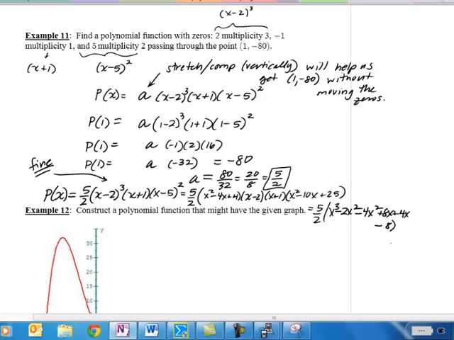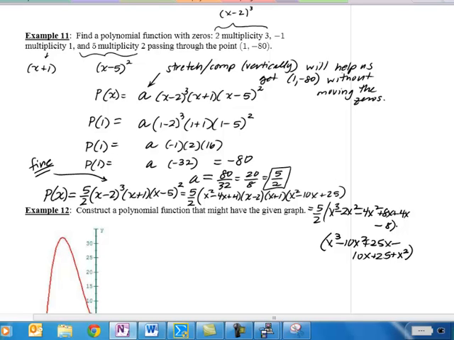And I want that times x cubed minus 10x squared plus 25x minus 10x plus 25 plus another x squared that I missed.